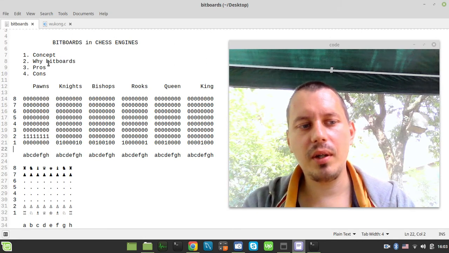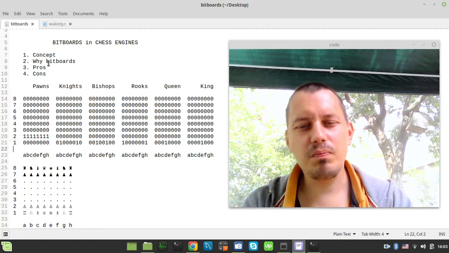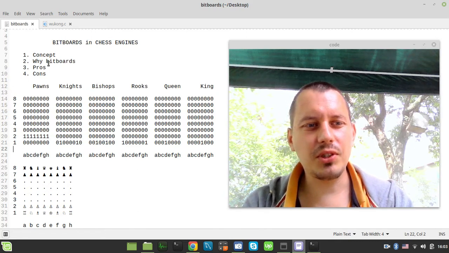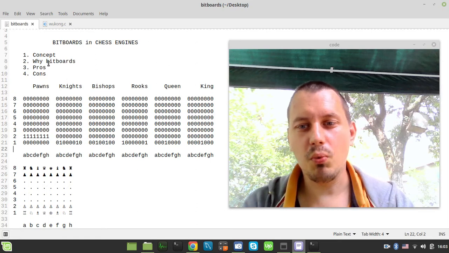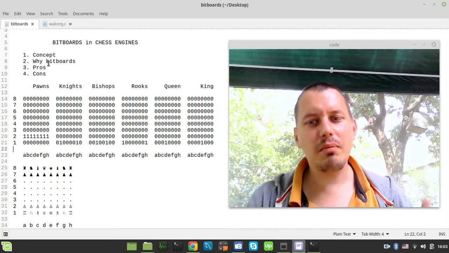If your goal was just to write a chess engine as a proof of concept, to make sure it kind of works and you understand what's going on there, in this case this might be just fine.